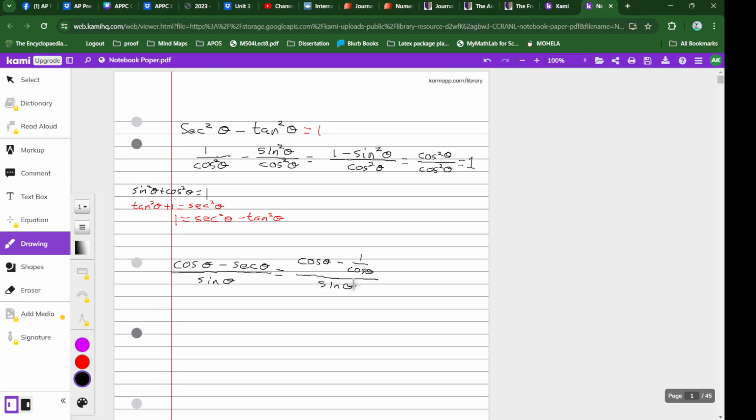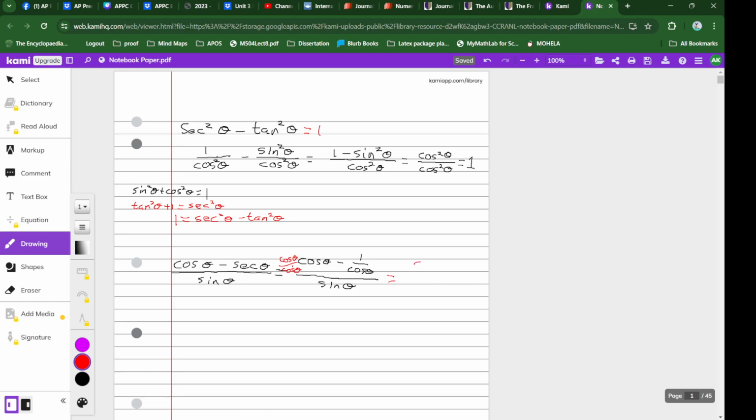Now, for the numerator, I would need a common denominator. The common denominator is going to have to be cosine, which basically just means that I'm multiplying over here by cosine theta over cosine theta, or another way of saying that is I'm multiplying by 1.